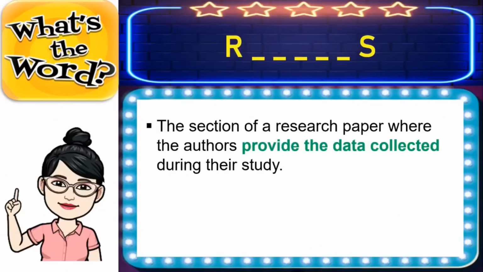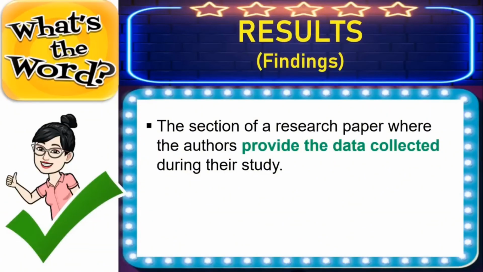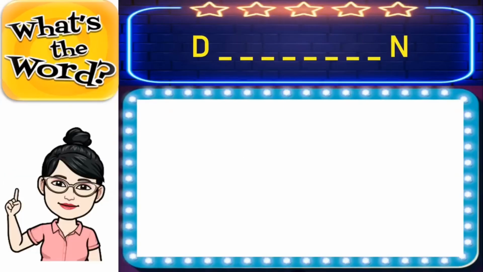Next word. The section of a research paper where the authors provide the data collected during their study. The answer is results, also called as findings. Word number 15.